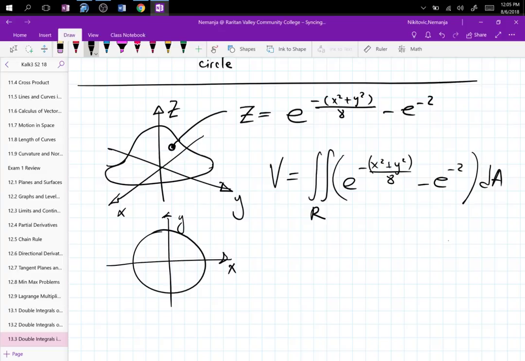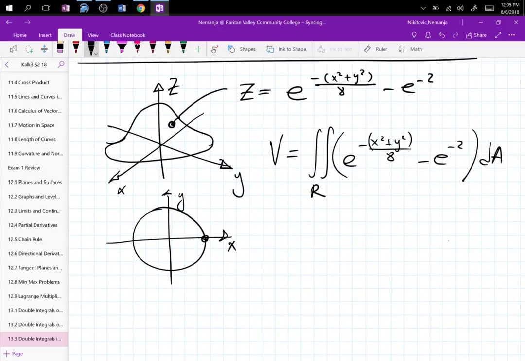So question is, how far does this circle go? Now, we should be able to calculate that by setting z equal to 0, right? But we're not going to do that until we convert this into our polar form.